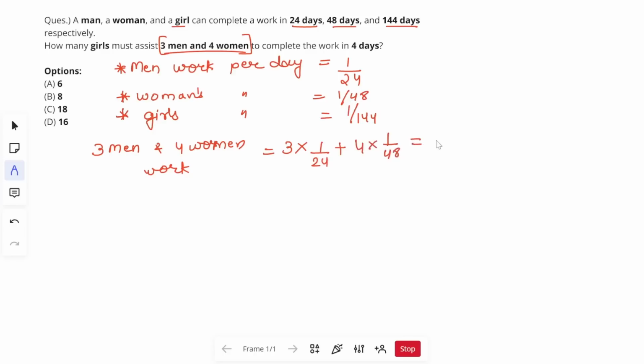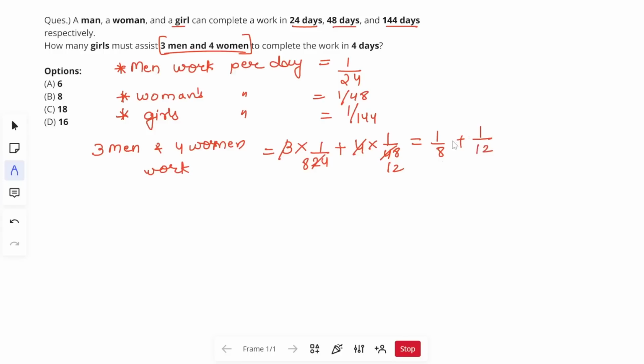If you simplify it, it is going to be 1 by 8, because 3 and 24 will cut by 3, plus 4 and 48 will cut to 1 by 12. So the values that you will get are 1 by 8 plus 1 by 12.